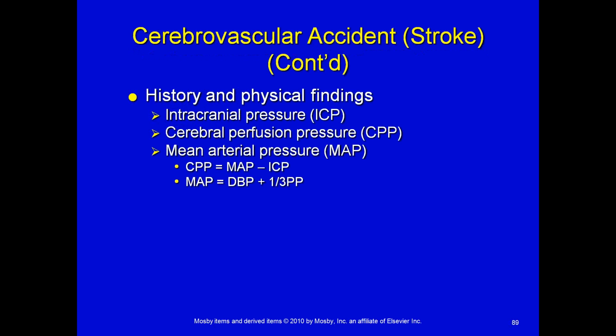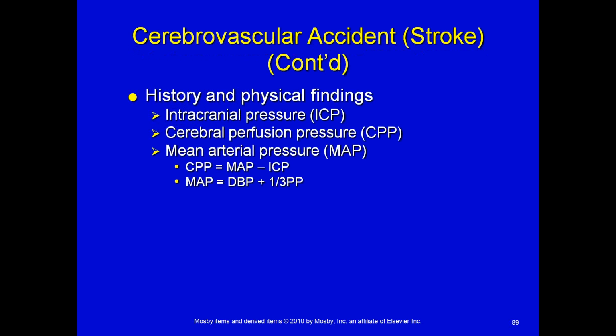Now, intracranial pressure is something that we all have inside our head. It ranges around 5 to 7 millimeters of mercury, and whatever the average pressure in your arteries is, you have to subtract that ICP to get your blood pressure to the brain.